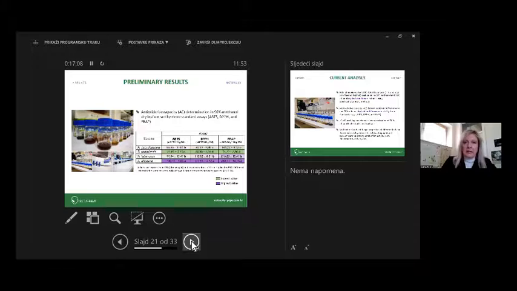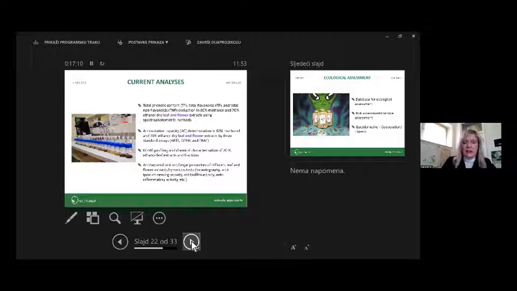And here are listed some of the current analyses that we are performing at the moment. We are preparing analysis of different dry leaf and flower extracts by spectrophotometric methods, and also we are performing LCMS profiling and chemical characterization of ethanol extracts, leaf extract, and fractions.